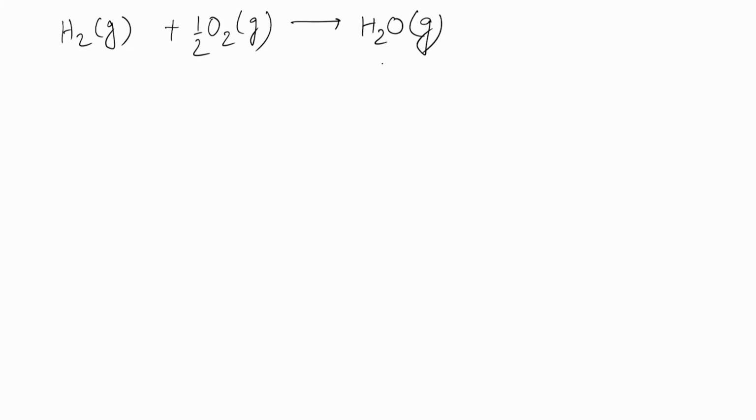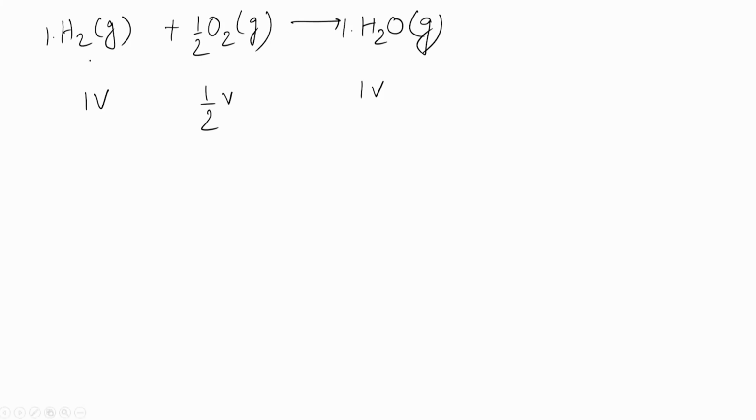So, for example, let's say we have hydrogen gas which combines with oxygen gas to form water vapor in the vapor phase. Now, here the coefficient is 1 for hydrogen, so we can say 1 volume, half for oxygen, we can say half volume, and 1 for water, so we can say 1 volume.